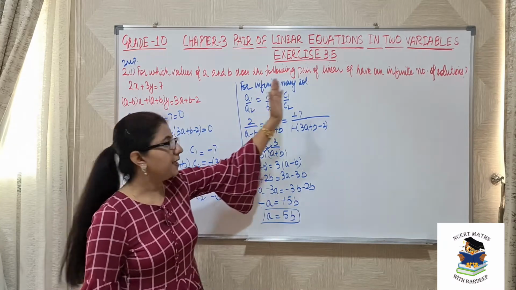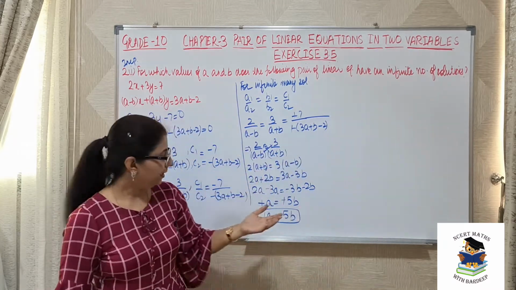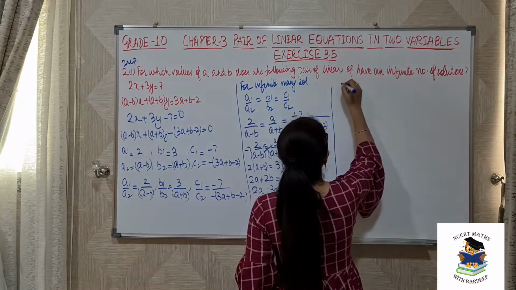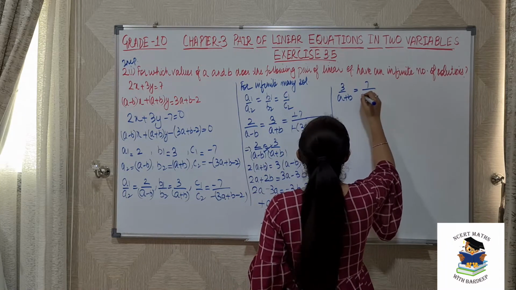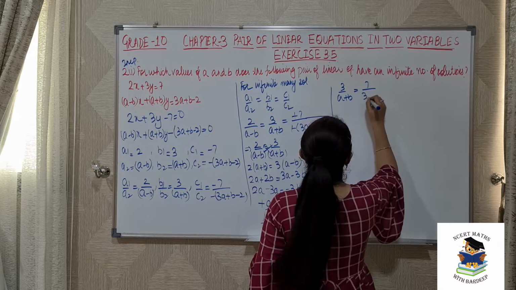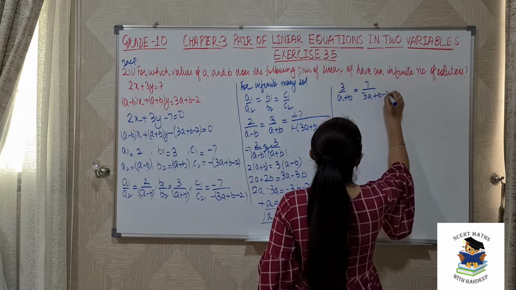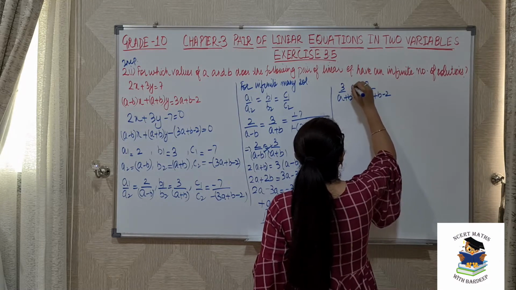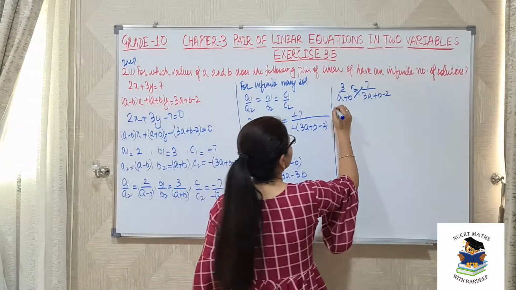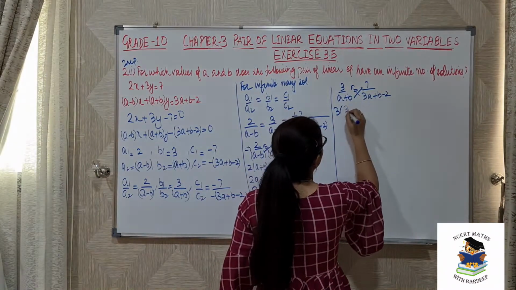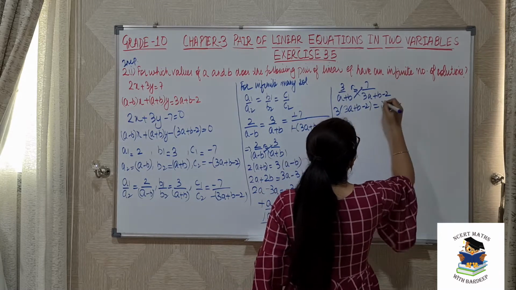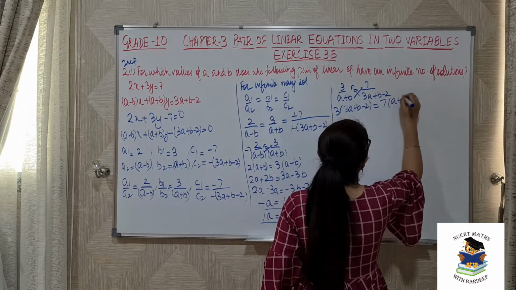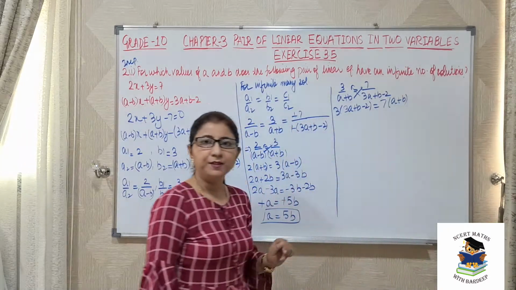Now let's use second and third to find the second equation. So let's take the second term, that is 3 over (a plus b) equals 7 over (3a plus b minus 2). Again cross multiply these values. So first 3 into this thing, that is (3a plus b minus 2) should be equal to 7 times (a plus b).